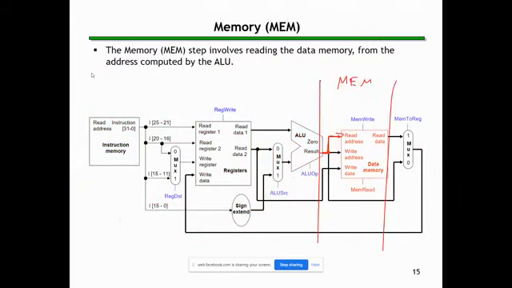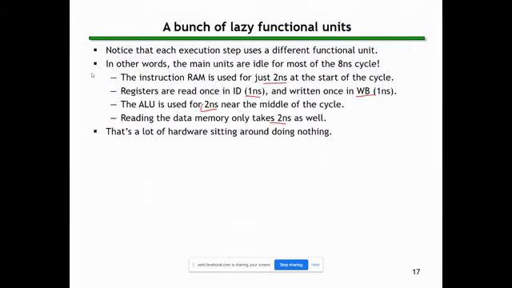Okay, we studied until here a bunch of lazy functional units. Notice that each execution step uses a different functional unit. In other words, the main units are idle for most of the 8 nanosecond cycle. I already told you it was 8 nanoseconds, and during those 8 nanoseconds some parts will be idle.